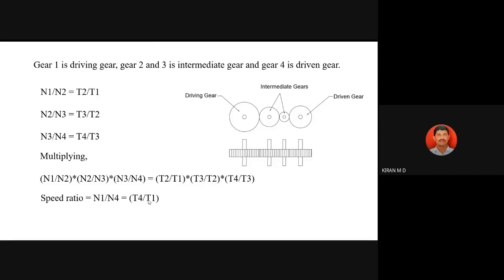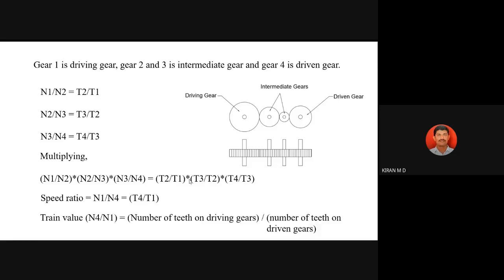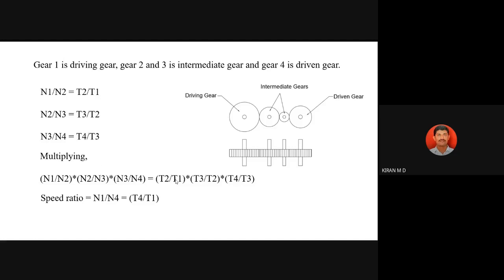So simply we write that the velocity ratio of the gear train is equal to speed of driver divided by speed of driven, means speed of driving gear divided by speed of driven gear, which is equal to number of teeth on driven gear divided by number of teeth on driving gear. So N1, the speed of driver, divided by the speed of driven is equal to teeth on driven gear divided by teeth on driving gear.